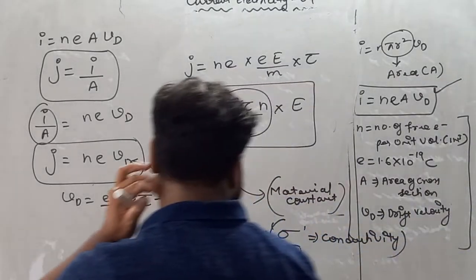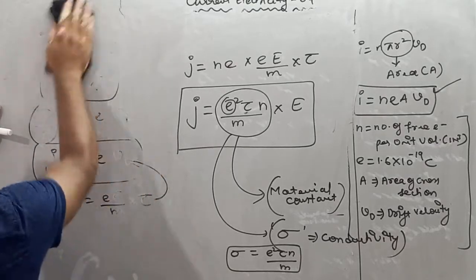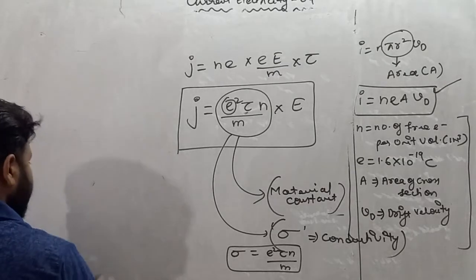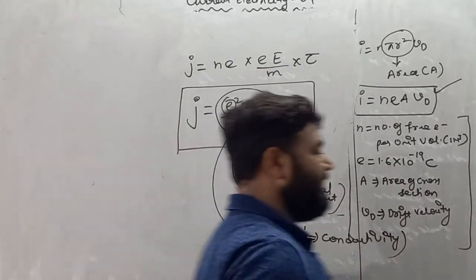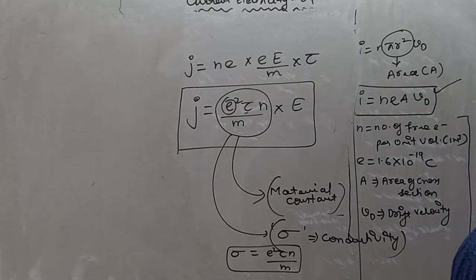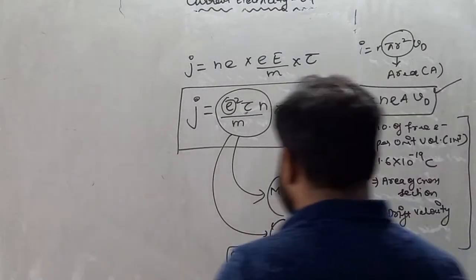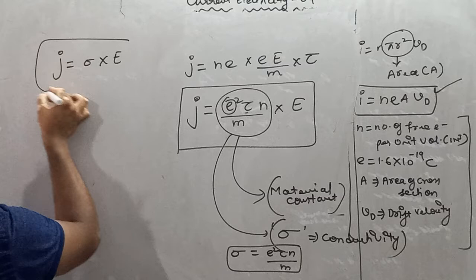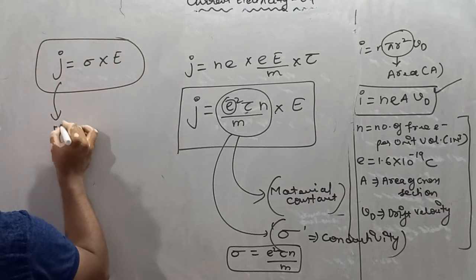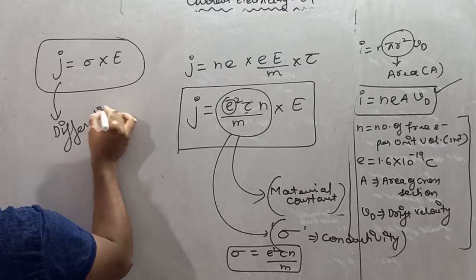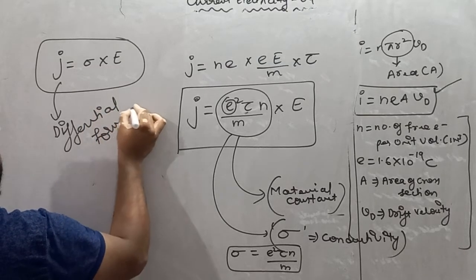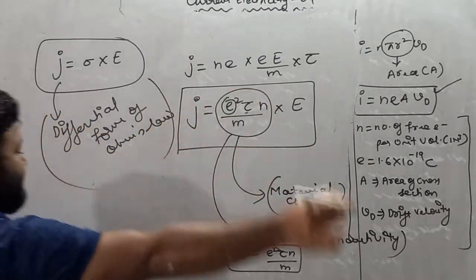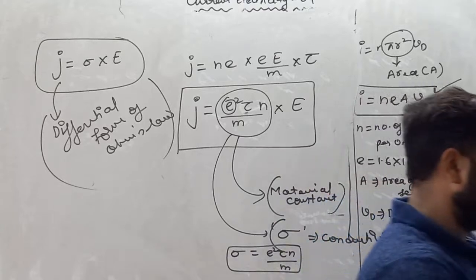So J is equal to sigma into E. About sigma, we already discussed lots of things, that sigma is nothing but conductivity. So J becomes equal to sigma into E, and this relation, my dear student, is also called the differential form of Ohm's law.